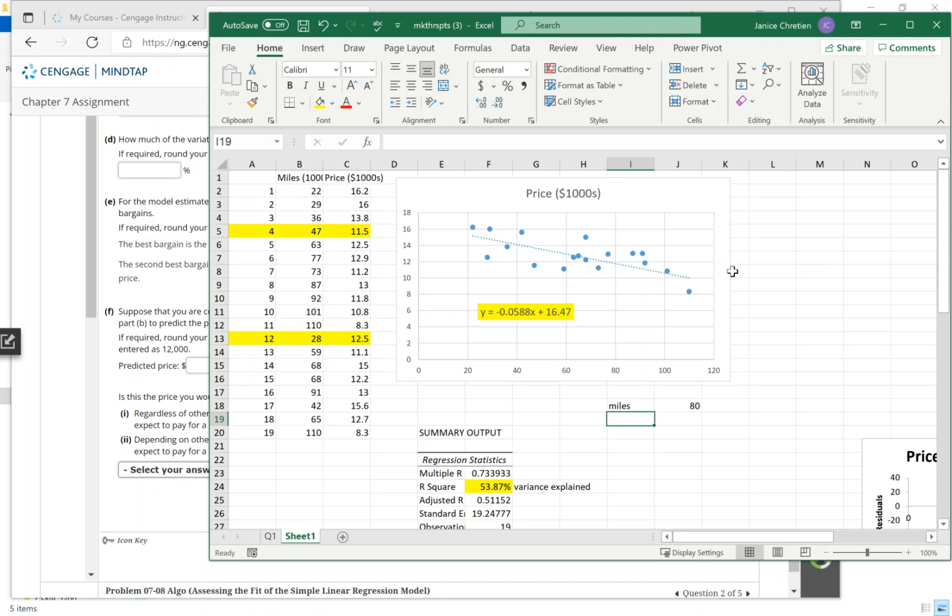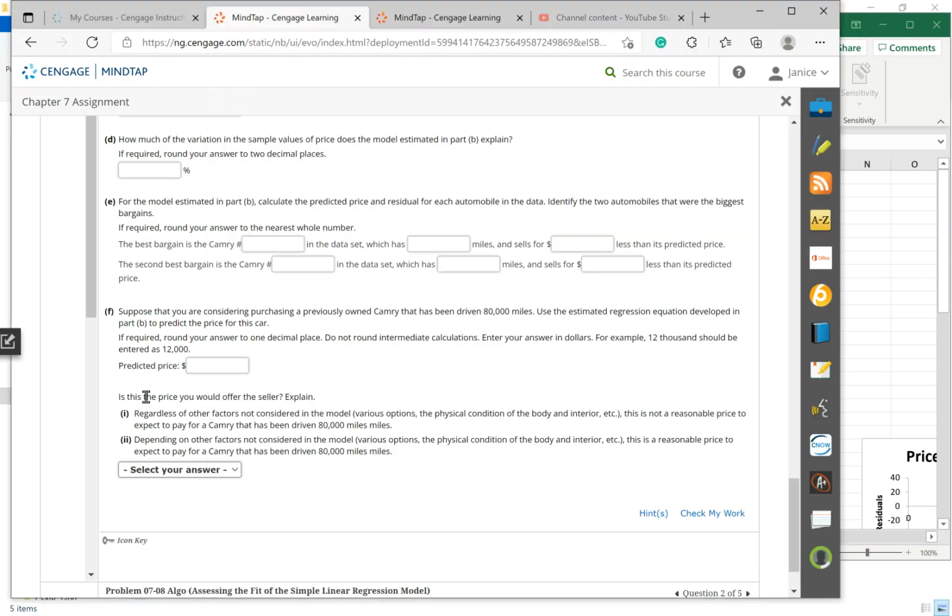And now I just plug into the equation: equals 16.47 plus negative 0.0588 times 80. And I will pretend that that decimal is a comma, and my car would sell for 11,766.